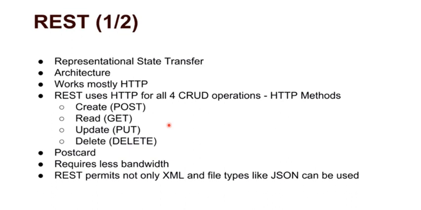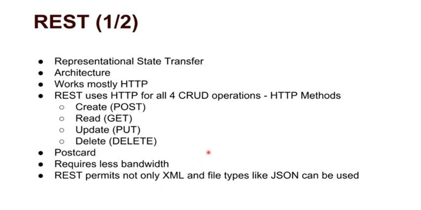For creating we use the post method. For read we use the get method. For update we use the put method. For delete we use the delete method of the HTTP protocol. So the transmission is done in the form of a postcard, and it requires less bandwidth.